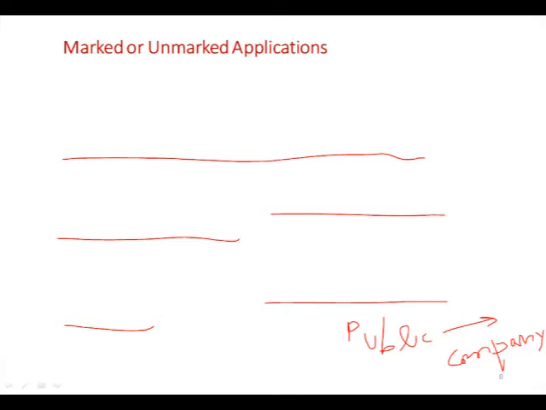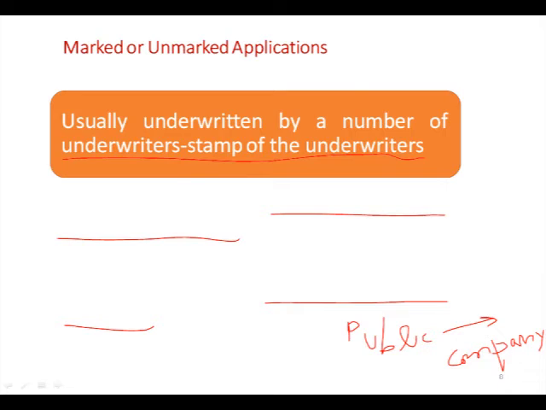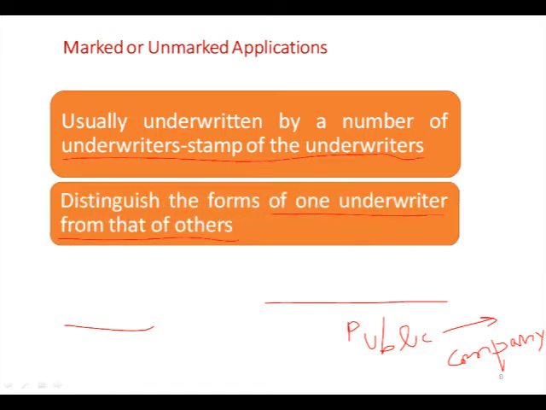So the underwriters' stamp, their mark, is imprinted upon the applications in case of underwriting, but if the public directly applies for the subscription, that's called unmarked applications. So it distinguishes the form of one underwriter from that of others.